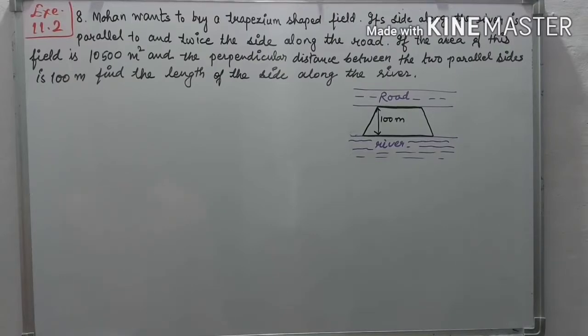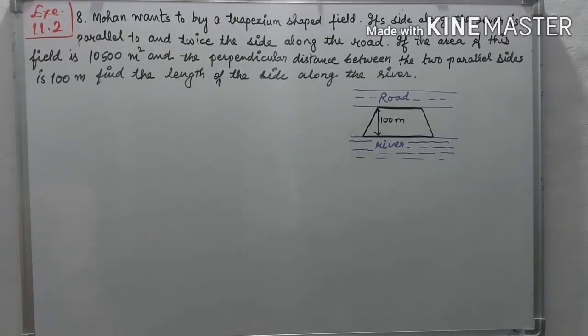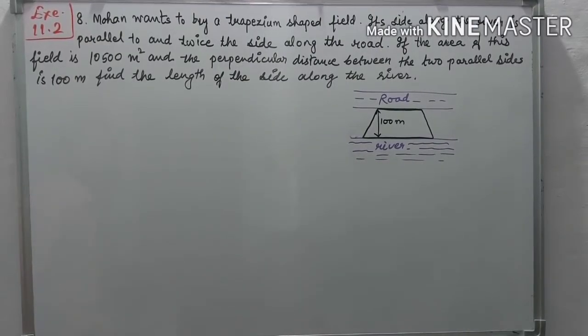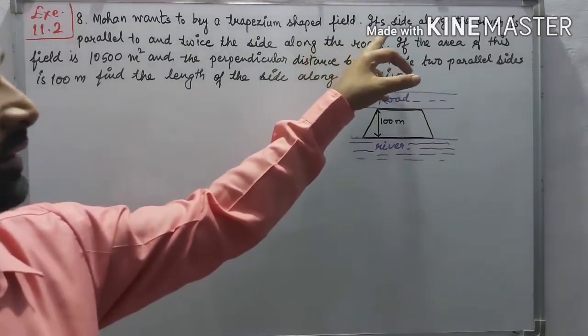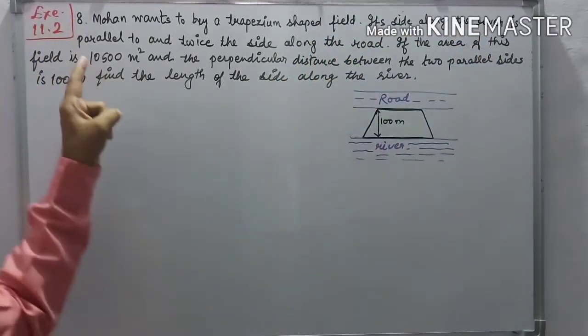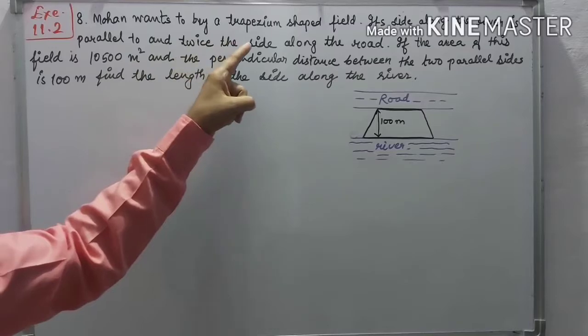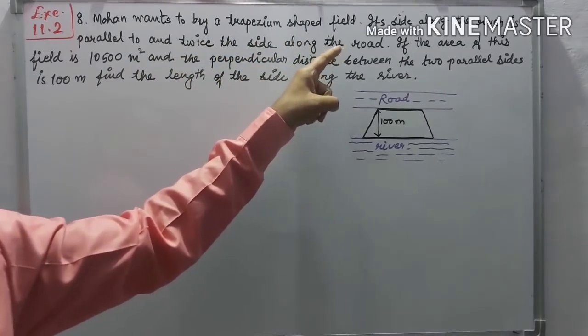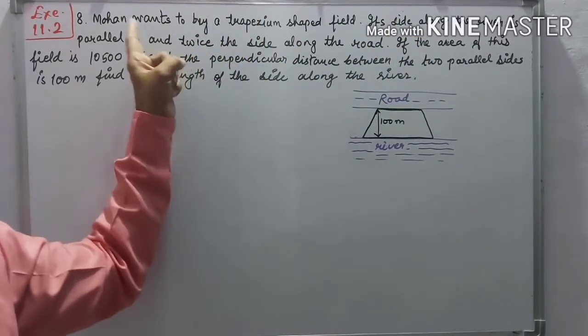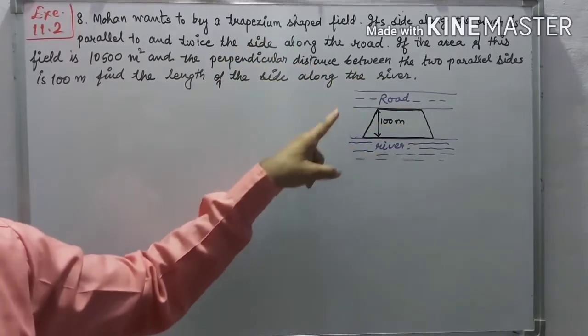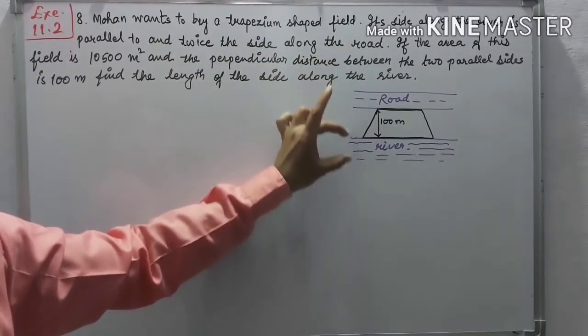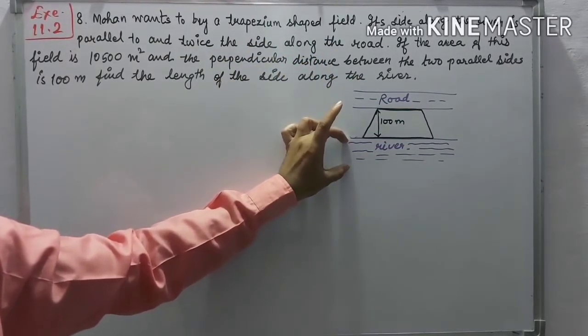Now question number 8 is given. Mohan wants to raise a trapezium-shaped field. Its side along the river is parallel to and twice the side along the road. He purchases a trapezium-shaped area, where one side is a road and the second side is a river.